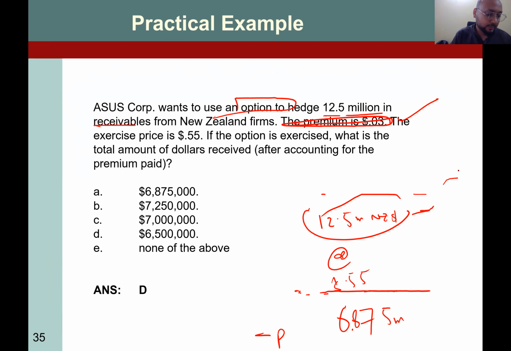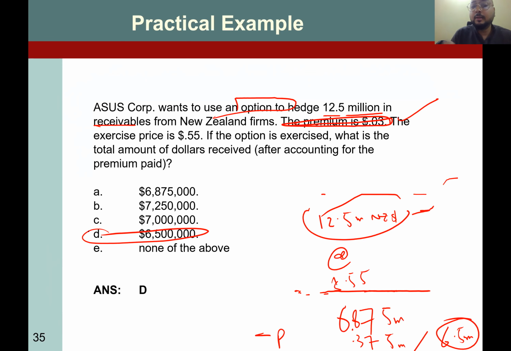Answer would be 0.375 million. So what is the answer? 6.875 minus 0.375 is 6.5 million. Answer is D.